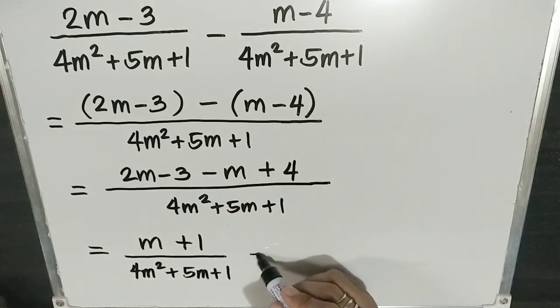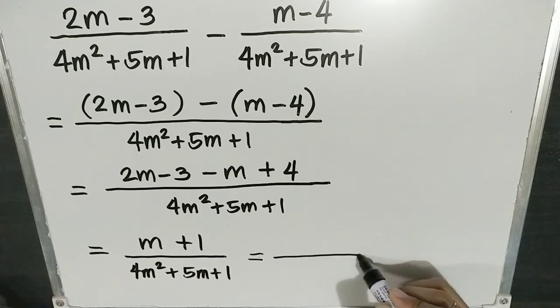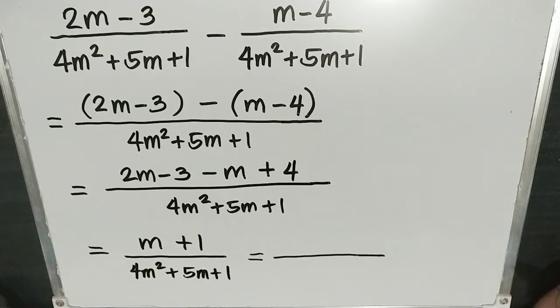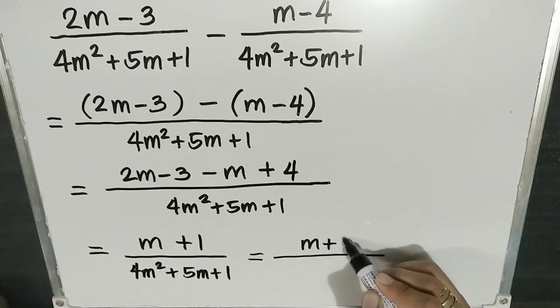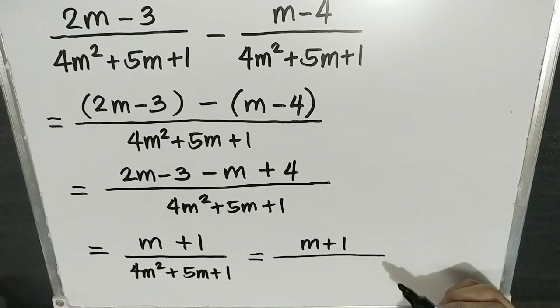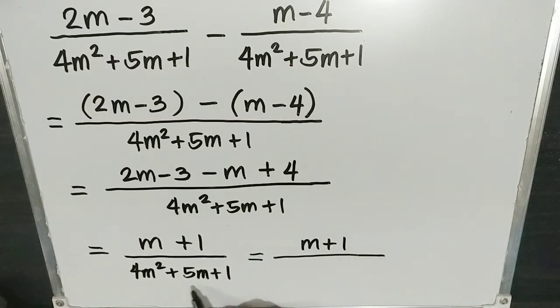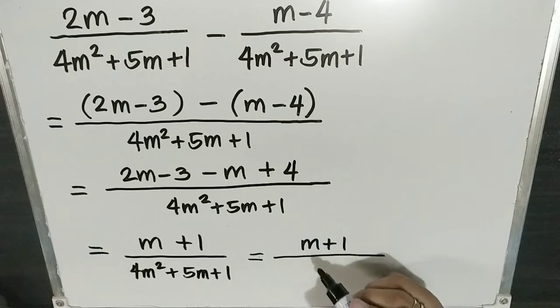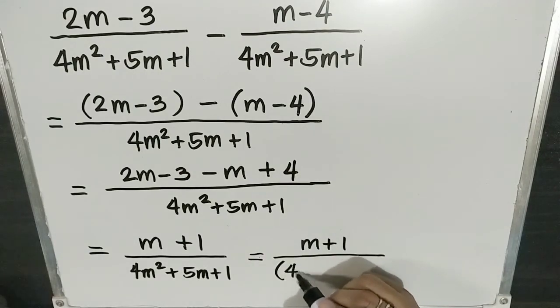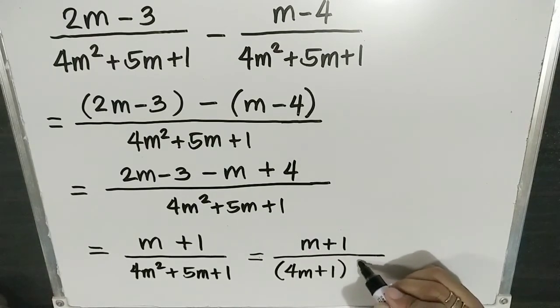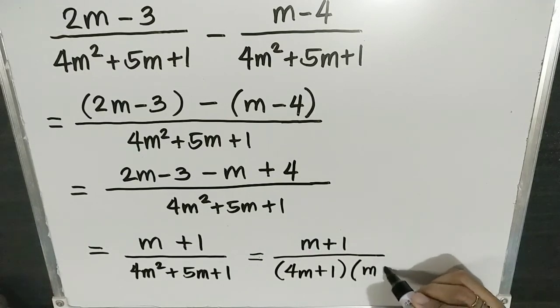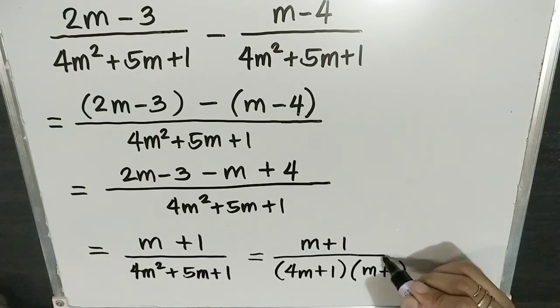And then we have to factor the expressions in the numerator and denominator if possible. So m plus 1 is already in simplest form. So we will factor this trinomial 4m squared plus 5m plus 1. And that is 4m plus 1. The other factor is m plus 1.